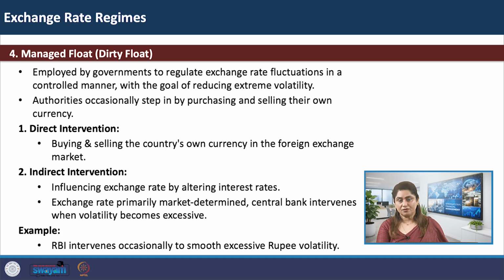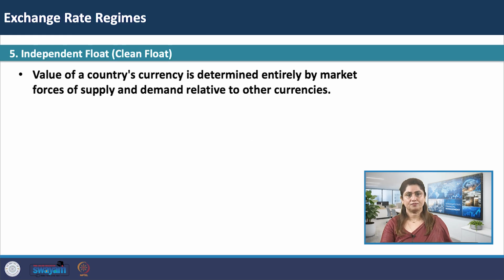India has significant forex reserves, over $600 billion, which gives it the capacity to intervene. The RBI's intervention isn't constant or heavy handed, it is tactical. It occurs when volatility becomes excessive or when market moves seem to deviate significantly from the fundamentals.